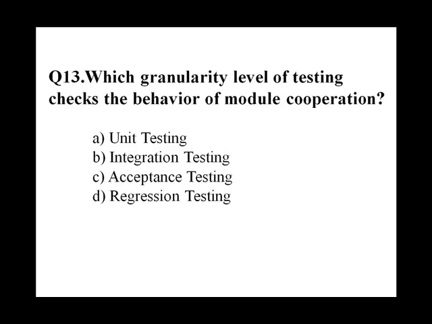Next question. Which granularity level of testing checks the behavior of module cooperation? The options are unit testing, integration testing, acceptance testing, recursion testing. More than one module combine to form the outputs only in integration testing. So the correct option is integration testing, the second one.